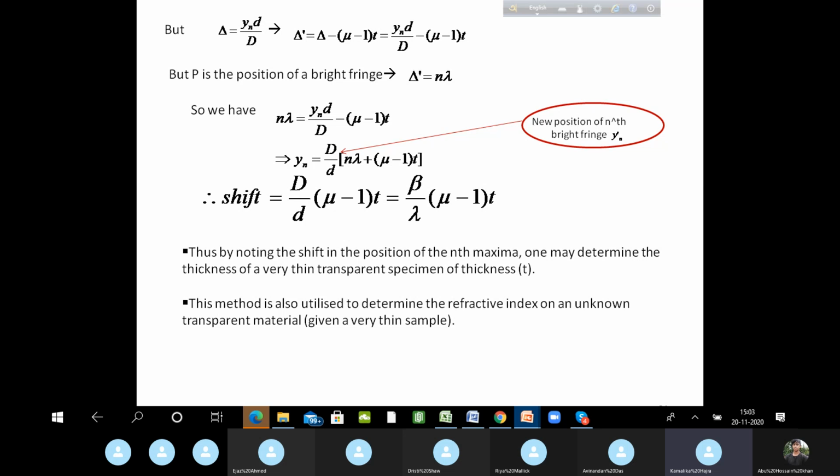If it is thick enough, we can measure it with a screw gauge or slide caliper. But if it is a very thin transparent material like very thin glass or a very thin mica sheet, you cannot use your mechanical devices. So we use this optical method to find the thickness. All right. And mathematics is very important.